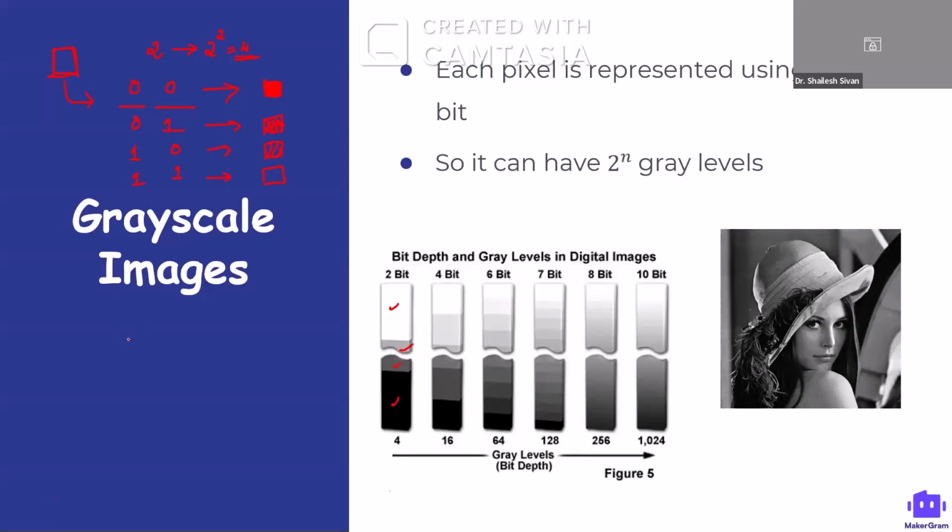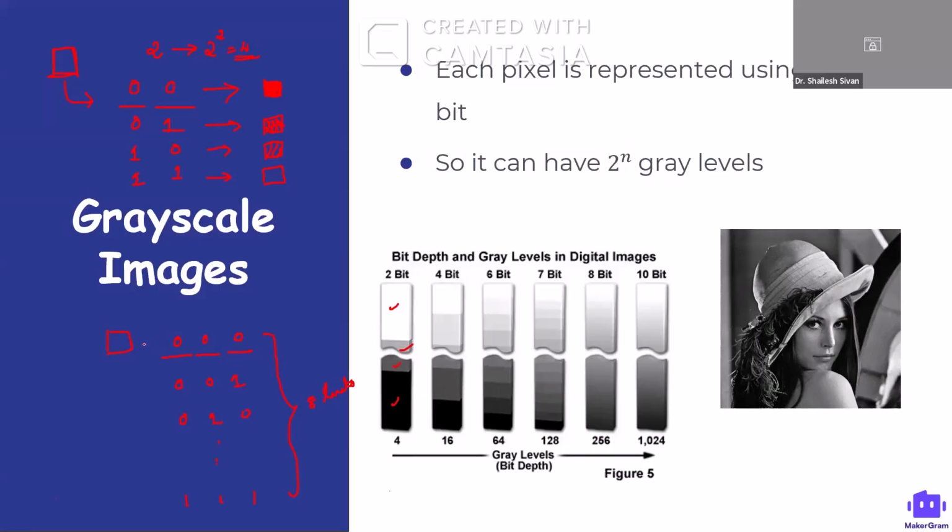So what will happen if I use 3 bits for a pixel? It can be 0 0 0, 0 0 1, 0 1 0, likewise up to 1 1 1, right? So how many levels will be there? 8 levels will be there.